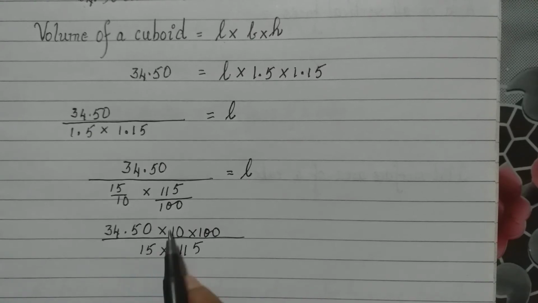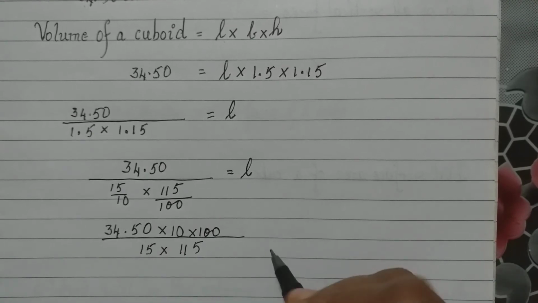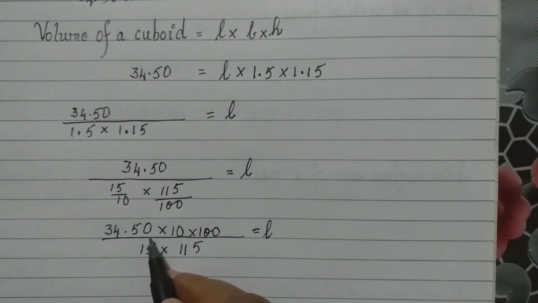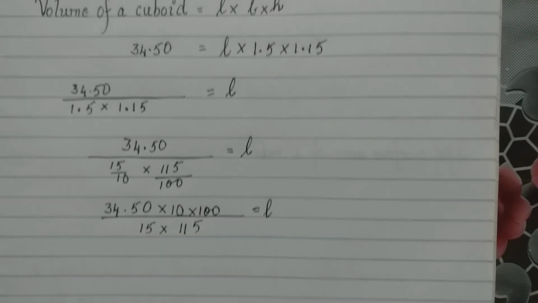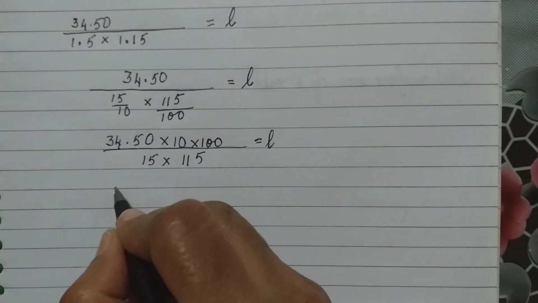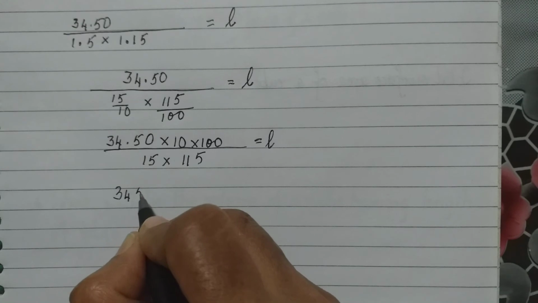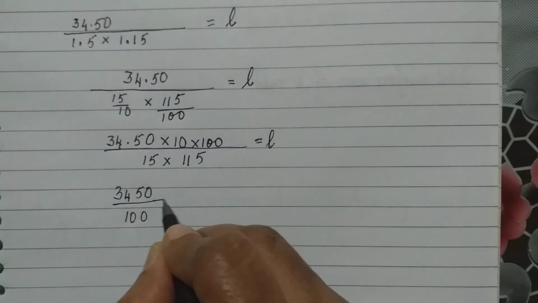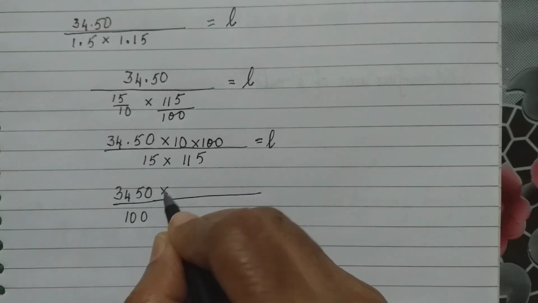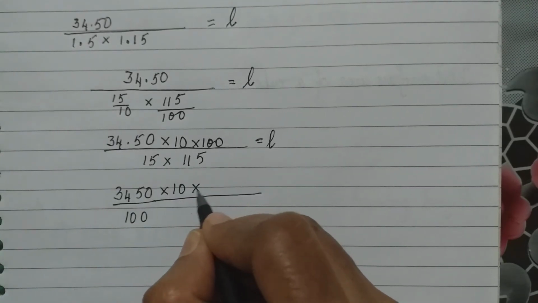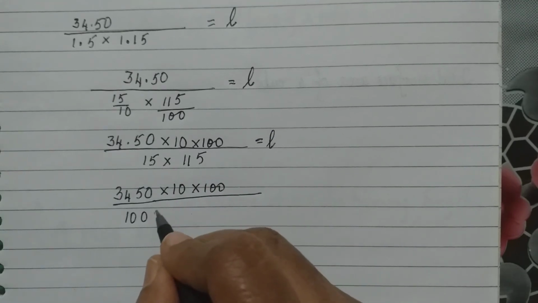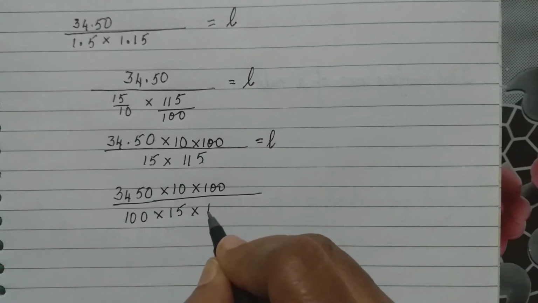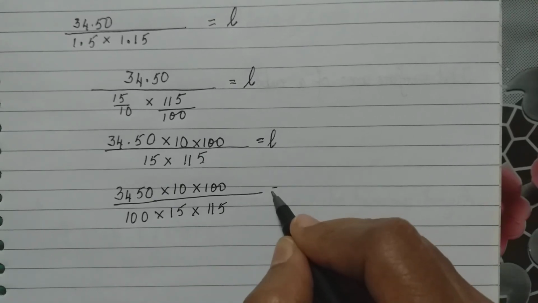We can also write this 34.50 as 3450 divided by 100. So we'll write one more step, 3450 upon 100 into 10 into 100, then this denominator what is left here into 15 into 115 is equal to L.